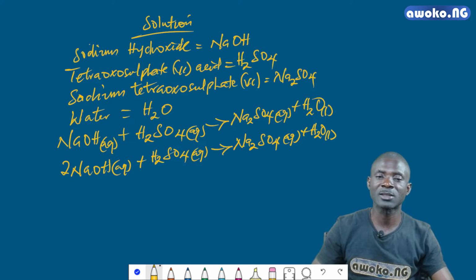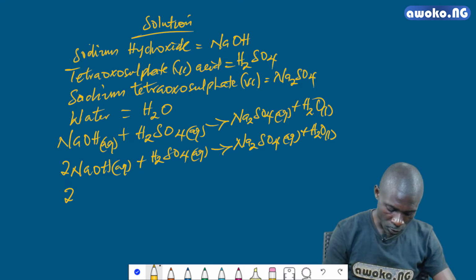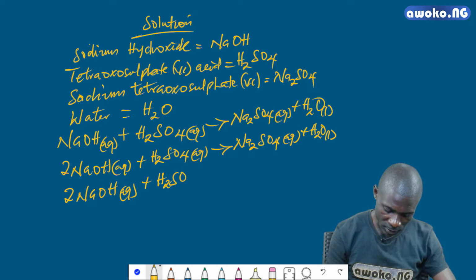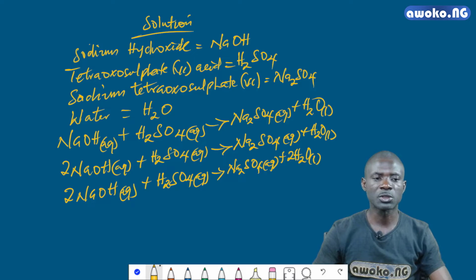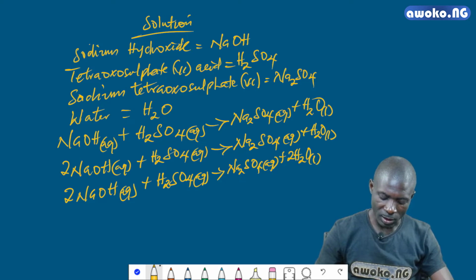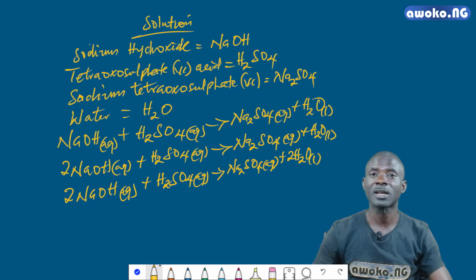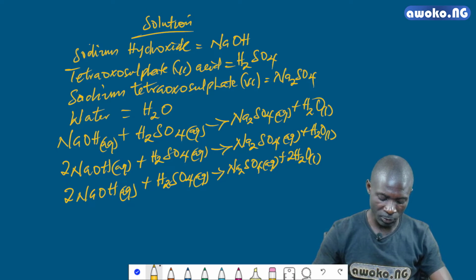So this will now give me 2NaOH aqueous plus H2SO4 aqueous to produce Na2SO4 aqueous plus 2H2O liquid. So this is my new equation of reaction. I can now see the number of hydrogen atoms at my right hand side is now 4. My left hand side is also 4.